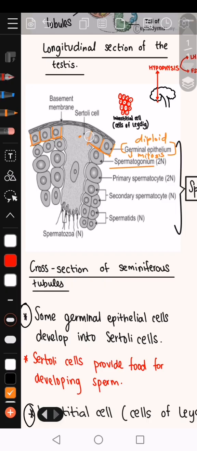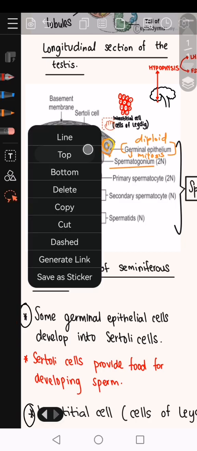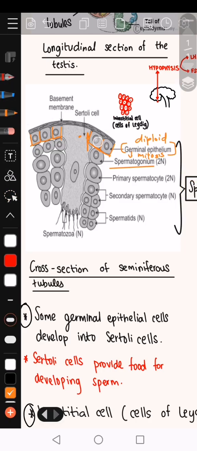So we can see that from there to there was mitosis, and from there to there we had growth, giving the primary spermatocyte. It got a little bit bigger.